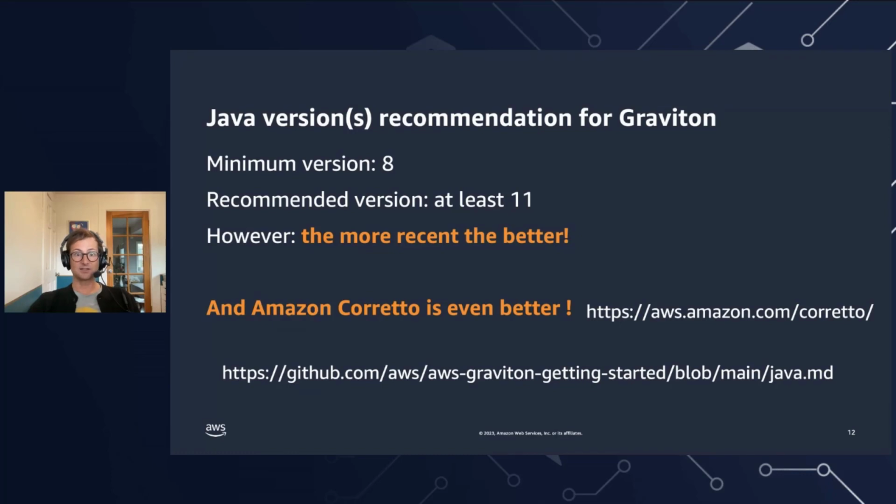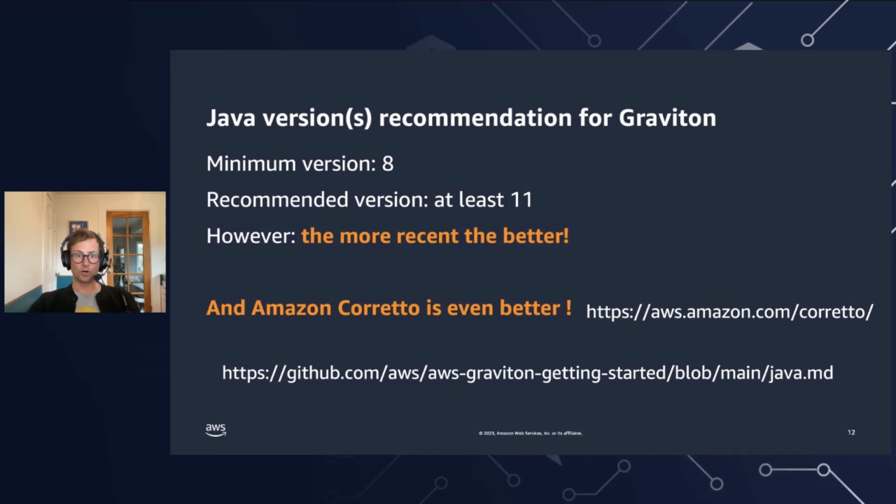That being said, the goal for Amazon is not to diverge from OpenJDK. Everything that we are doing in Corretto is sent back to the OpenJDK version, the community version, so that the compatibility is not broken, and every improvement that Amazon is doing for Amazon Corretto benefits also the OpenJDK community.